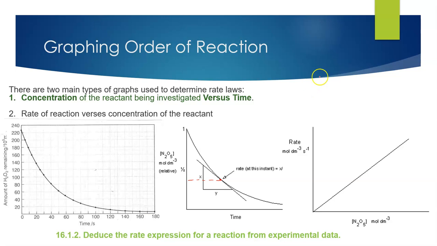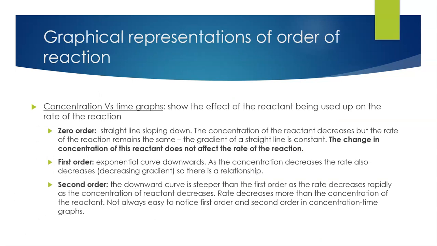But we need to plot rate versus concentration in order to be able to determine the order from the shape of the graph.